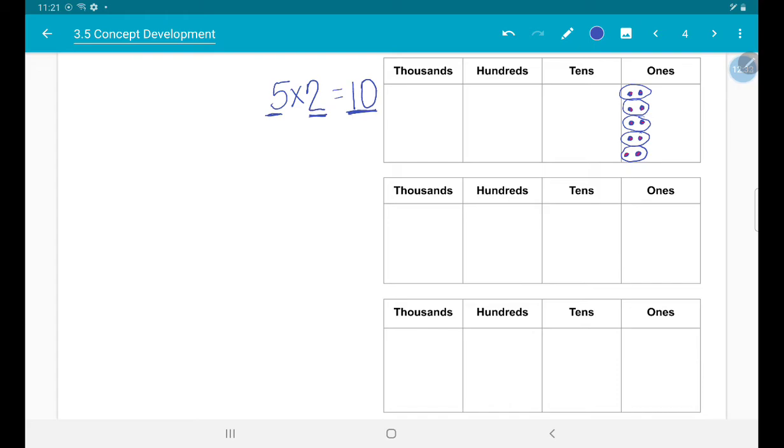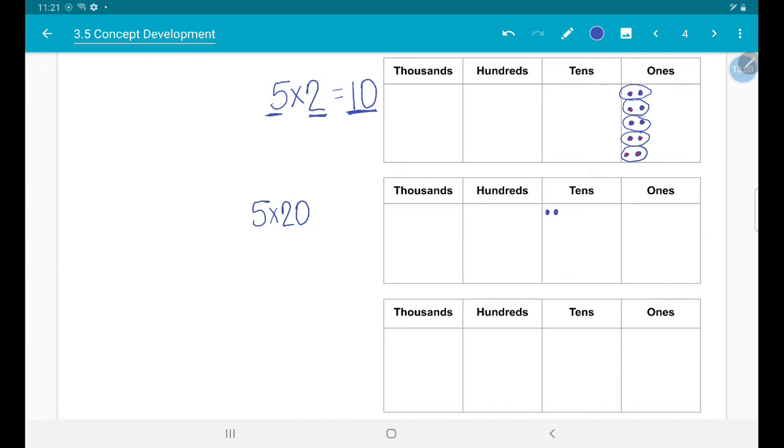So let's look at what happens with that product when we make, instead of 5 times 2, 5 times 20. So now I'm going to make 5 groups of 2 tens.